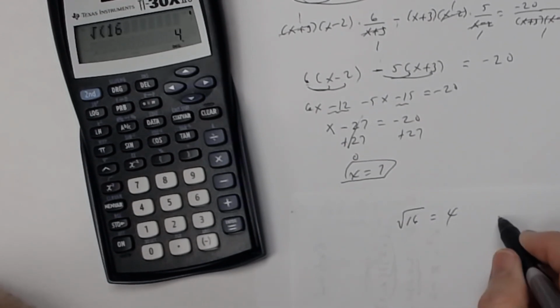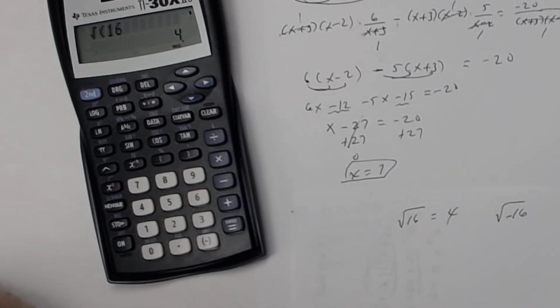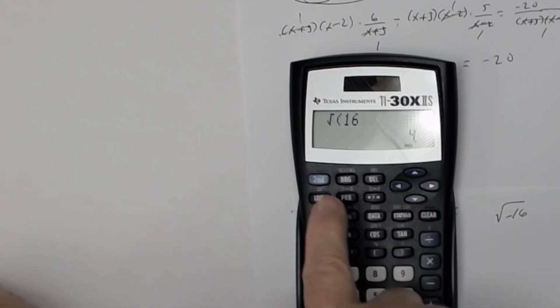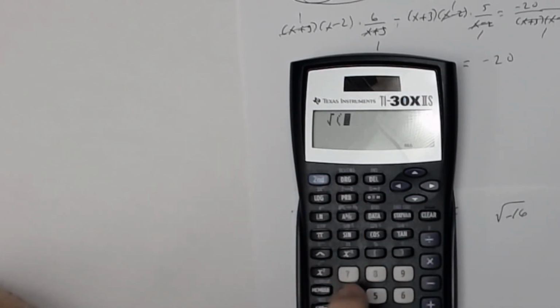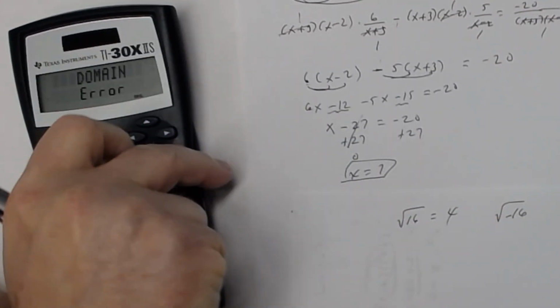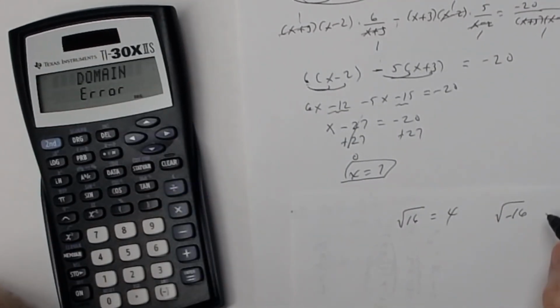Now, if you had the square root of a negative 16, you may say, well, I'm going to put that in the calculator and see what happens. Square root of negative 16, equals, you get a domain error. You may say, well, then I don't have a solution. But remember, in your lessons, you learned about imaginary numbers.